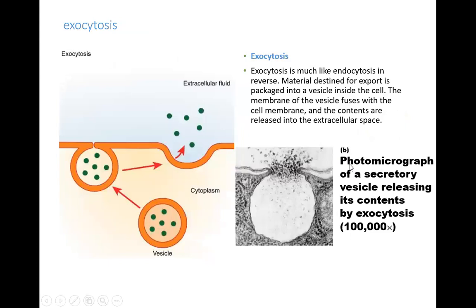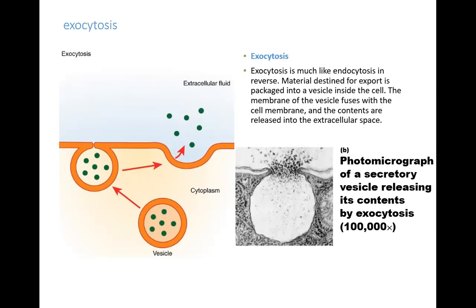Now, exocytosis: we'll be producing proteins and storing them in a vesicle that will move to the surface of the cell and fuse with the cell membrane. You'll notice that it never tears a hole in the membrane itself. It just fuses with it, and it opens up the vesicle so the protein can leave, and we release it into the fluid around the cell.